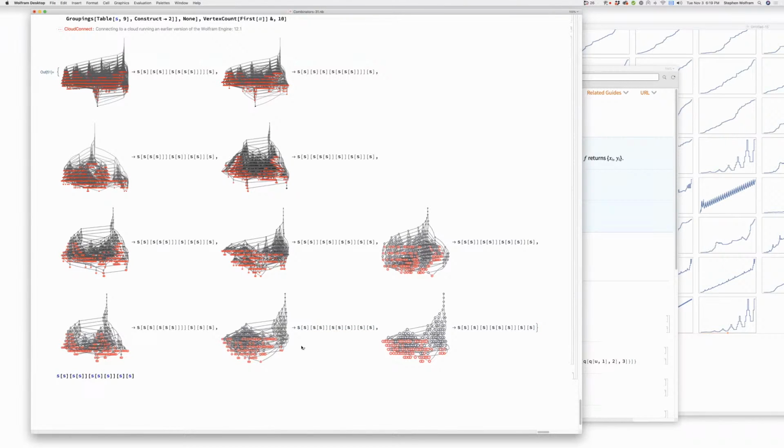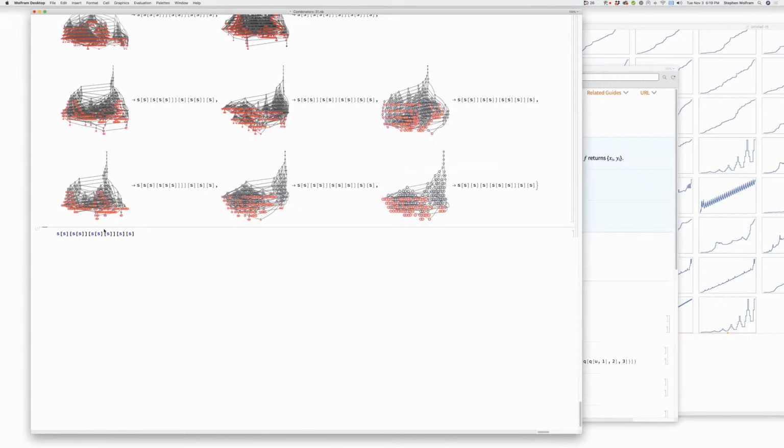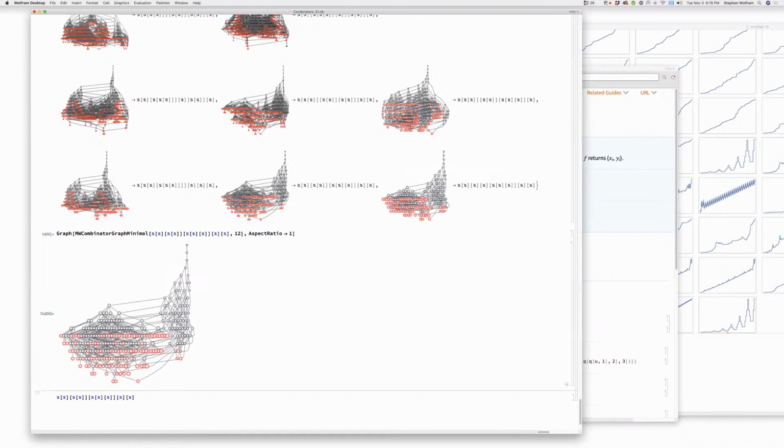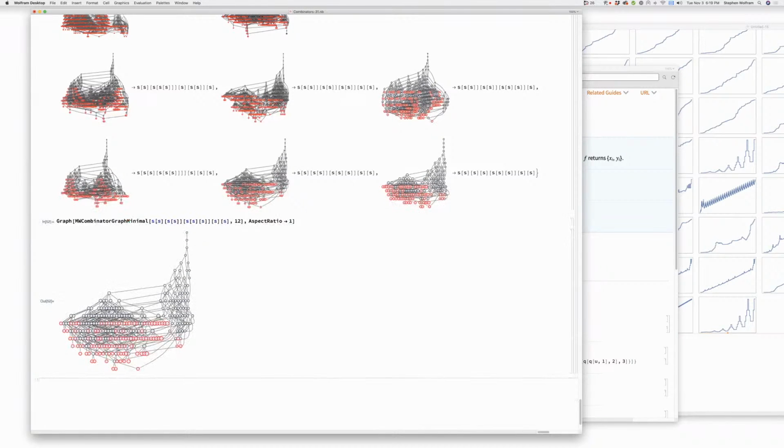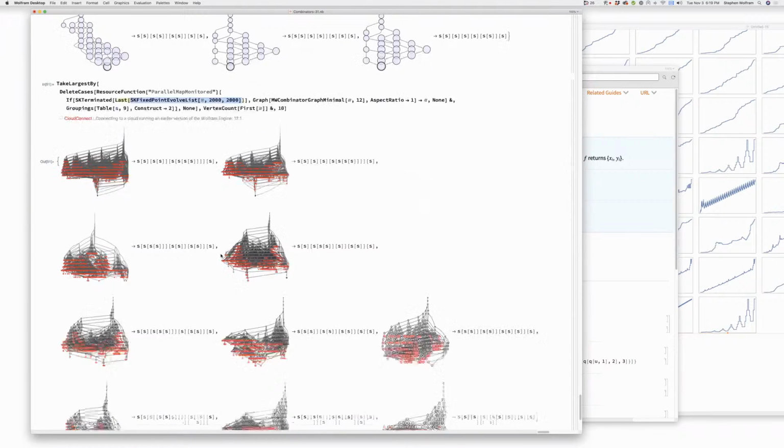Okay, there we go. All right, so let's see what happens to that one. So that's at 12 steps. Let's see whether it resolves to terminate, because we know it does terminate. Let's see how long that one actually takes to terminate. So we know that it had terminated by that point.